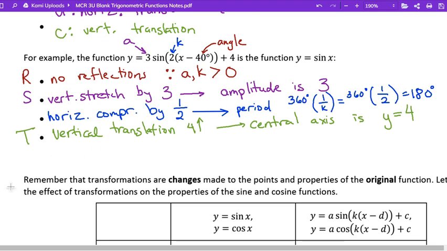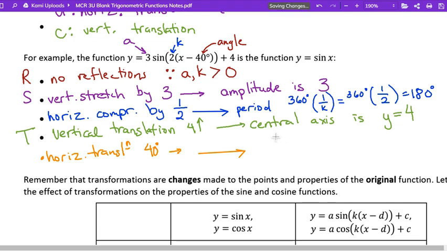Okay, and then we have one more translation, and that's the horizontal translation. And this is a weird one. It's 40 degrees to the right. This is where I'm going to bring in the terminology of the phase shift.